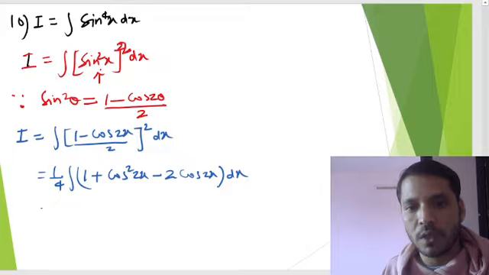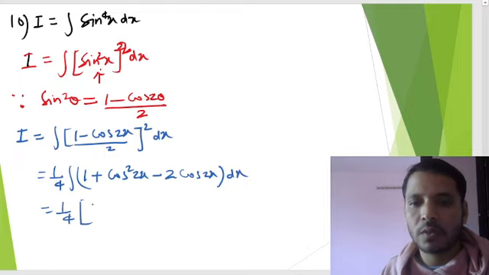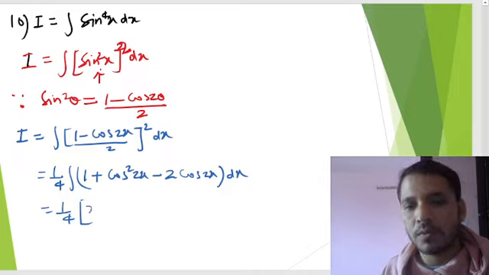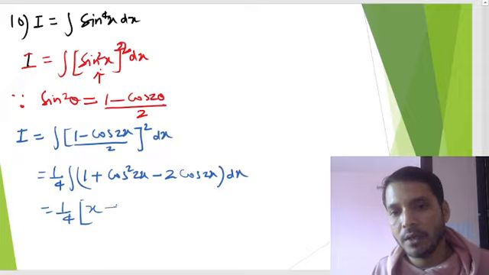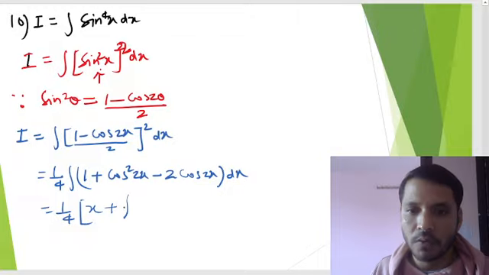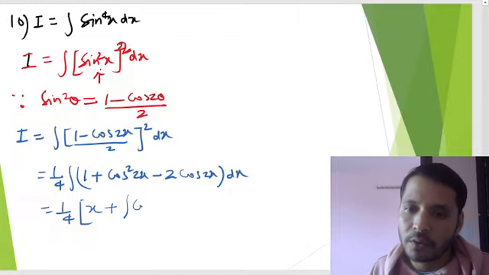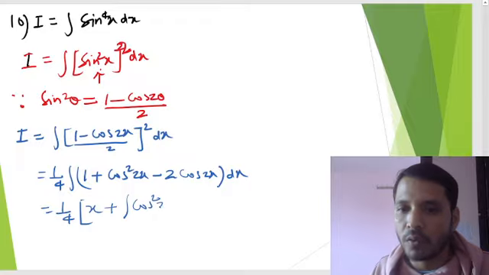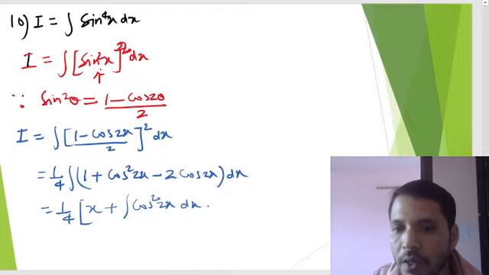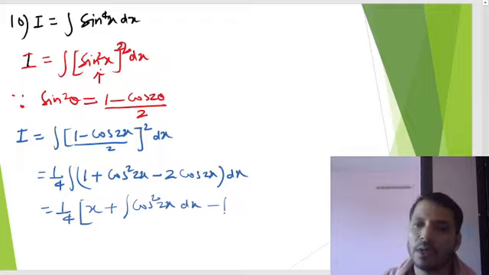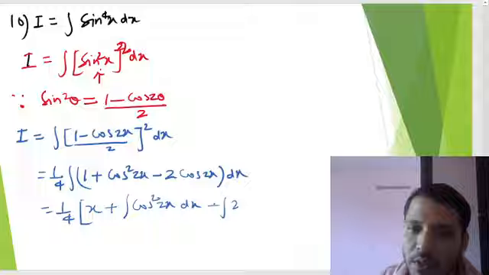That means we can write 1 by 4, we will take it common, and integration of 1 is x, but here we cannot integrate cos square 2x directly. We have to write cos square 2x as it is first, and then in the next step we will reduce it, and minus 2 cos 2x integration we can do directly, so let's write it as it is.